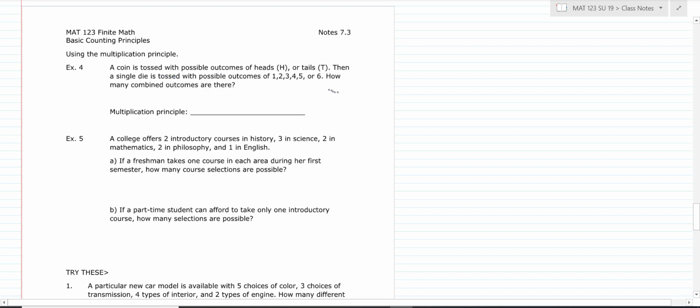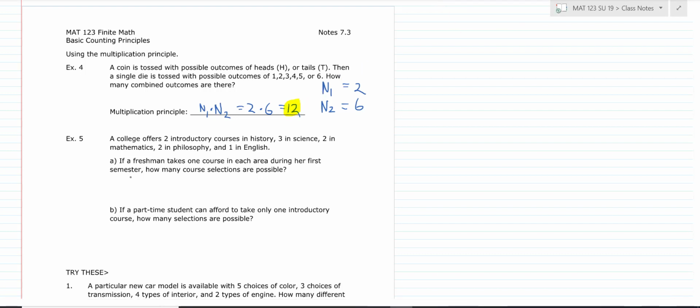So N1 is 2, either a head or a tail. N2 is the outcomes on the die, so there's 6. On the multiplication principle, we just multiply the outcomes. So 2 times 6 equals 12. That would be the answer to the problem. See, you don't need a tree diagram to do that.